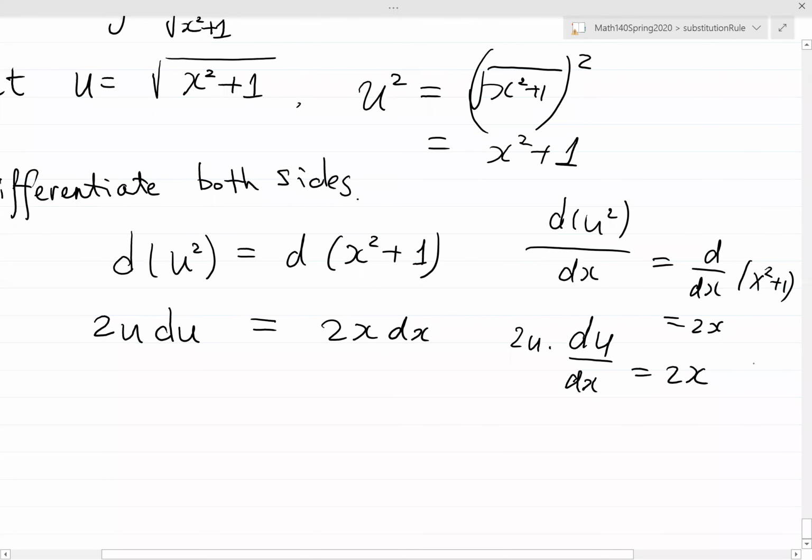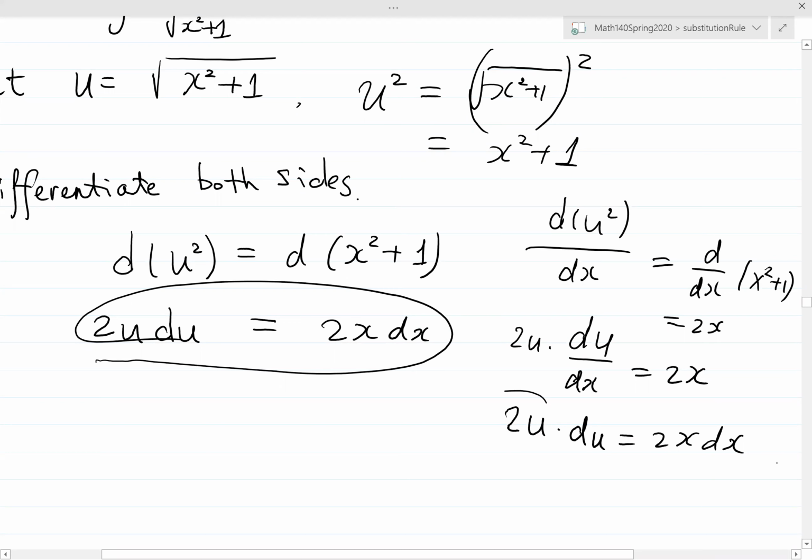Then multiply both sides by dx, and you get 2u du equals 2x dx. So you get the same thing. Essentially we apply the chain rule, so it is more natural to write differentials rather than derivatives.